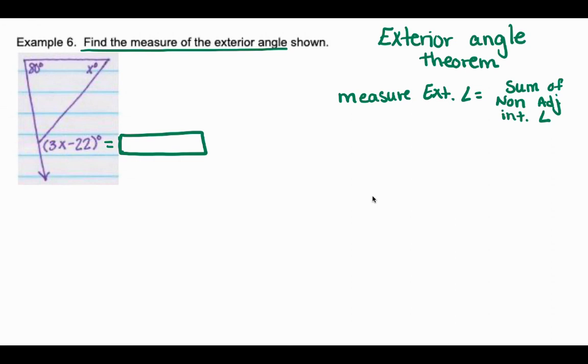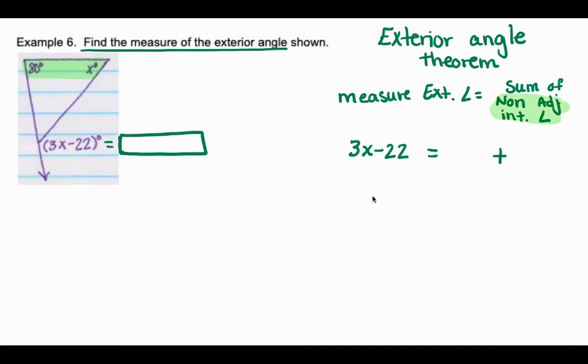So our exterior angle, which is the 3x minus 22, is going to equal the sum, which is addition, and we have to use the non-adjacent interior angles. So let's look at the placement. Our exterior angle is at the bottom of this picture, so our non-adjacent interior angles are going to be those 2 angles at the top of this picture.